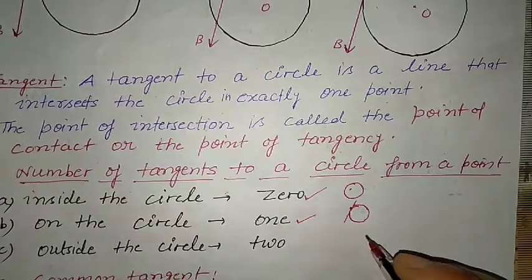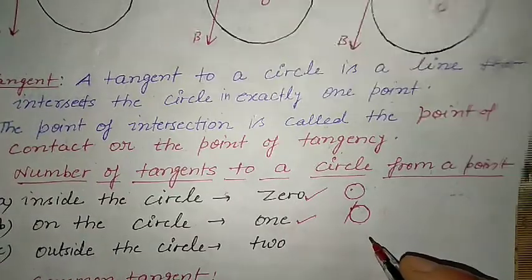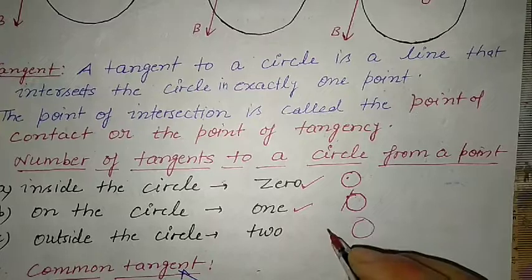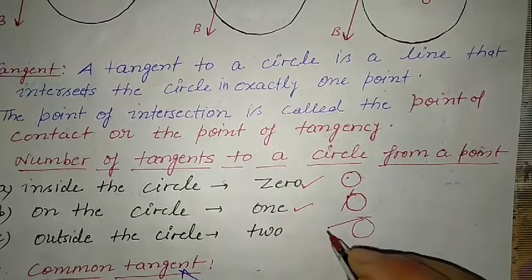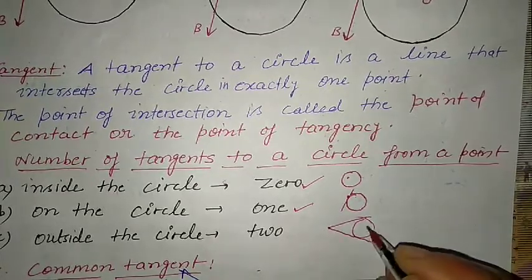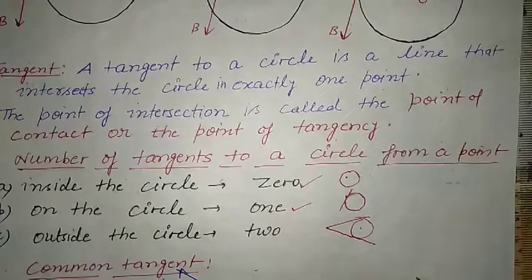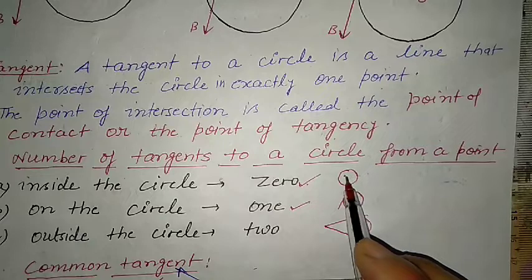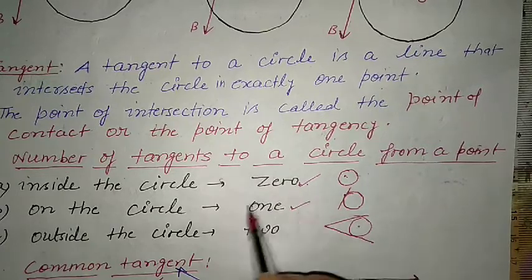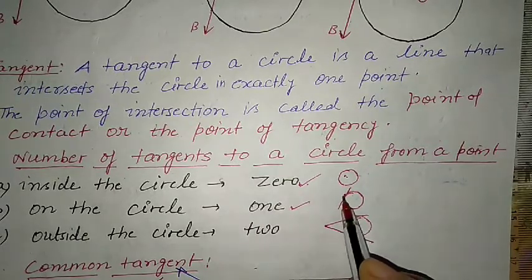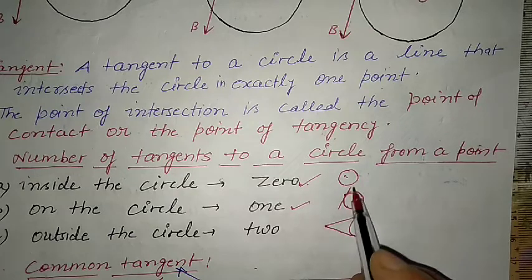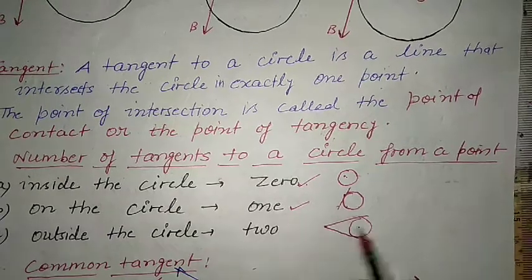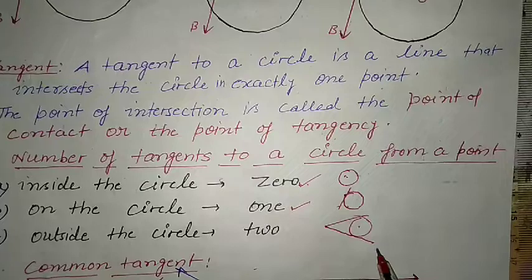And if any point is outside the circle, two possible tangents can be drawn. So inside the circle, there are zero; on the circle, there is a single tangent; and outside the circle, there will be two tangents.